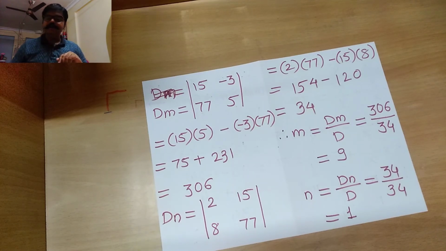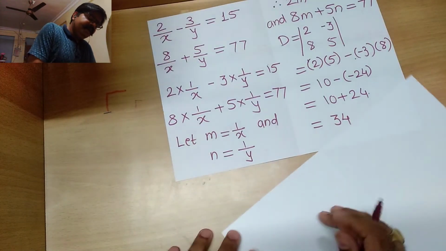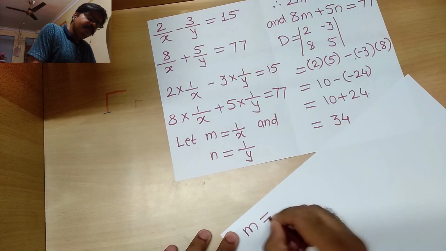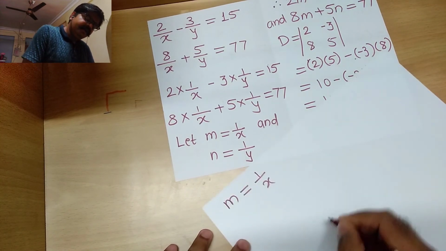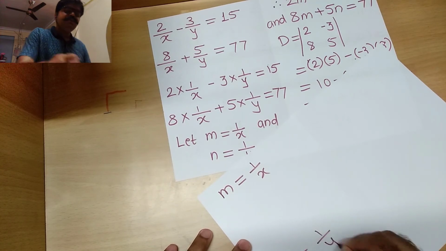See, while assuming, we had written let m be equal to 1 upon x, and n be equal to 1 upon y.